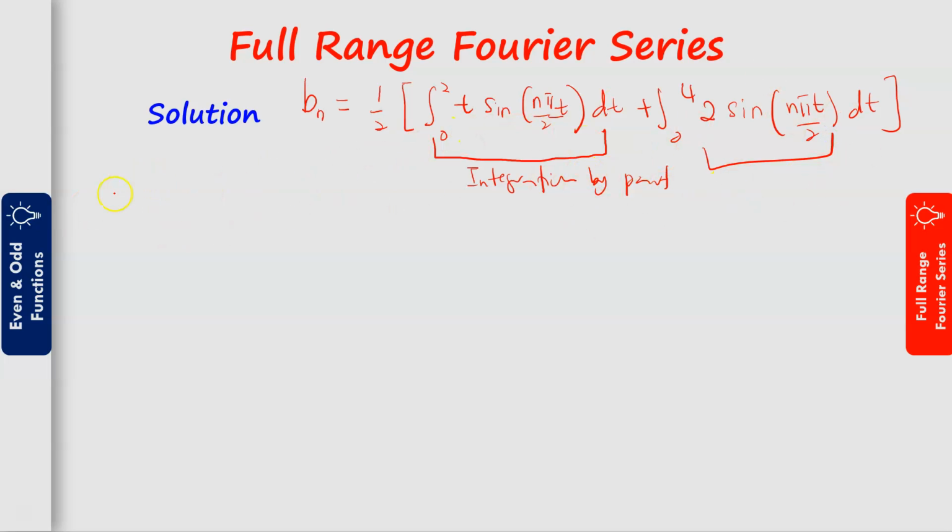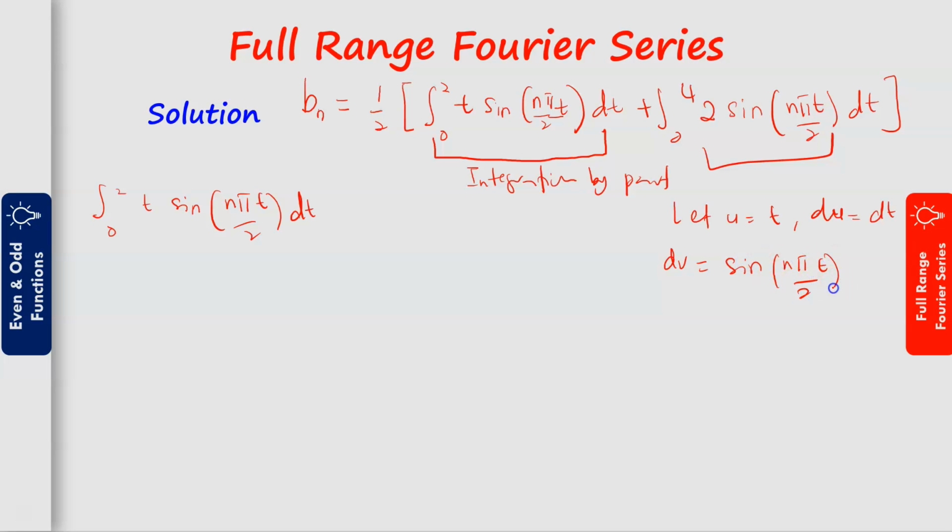To use integration by parts, let's say I just pick this integration, from 0 to 2, t sine n pi t over 2 dt. When I integrate here, I need to let u equal to t, so du equal to dt, and then dv we let equal to sine n pi t over 2 dt.